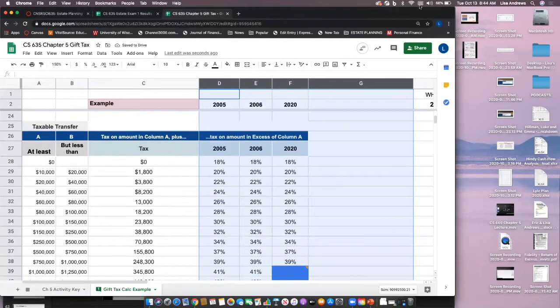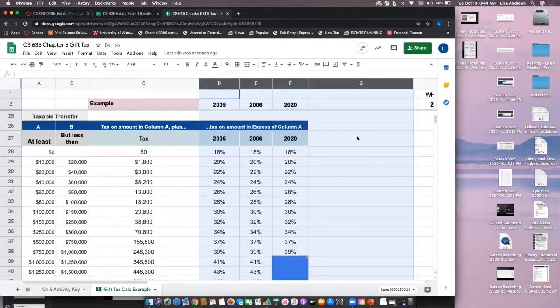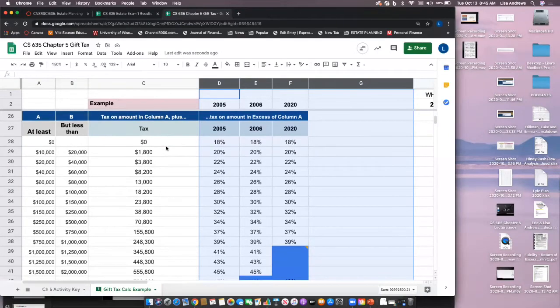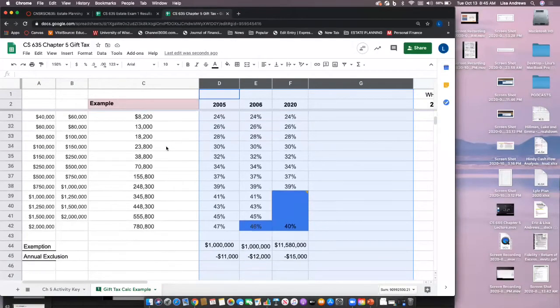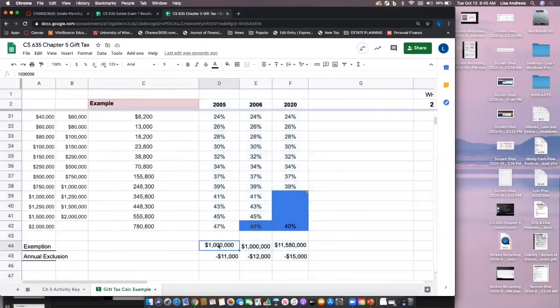Let's look for a moment at the schedule of gift taxes that we've enjoyed historically. And let's first start by just saying, in 2005, the lifetime exemption was on $1 million worth of gift and estate tax. And it was still $1 million in 2006.